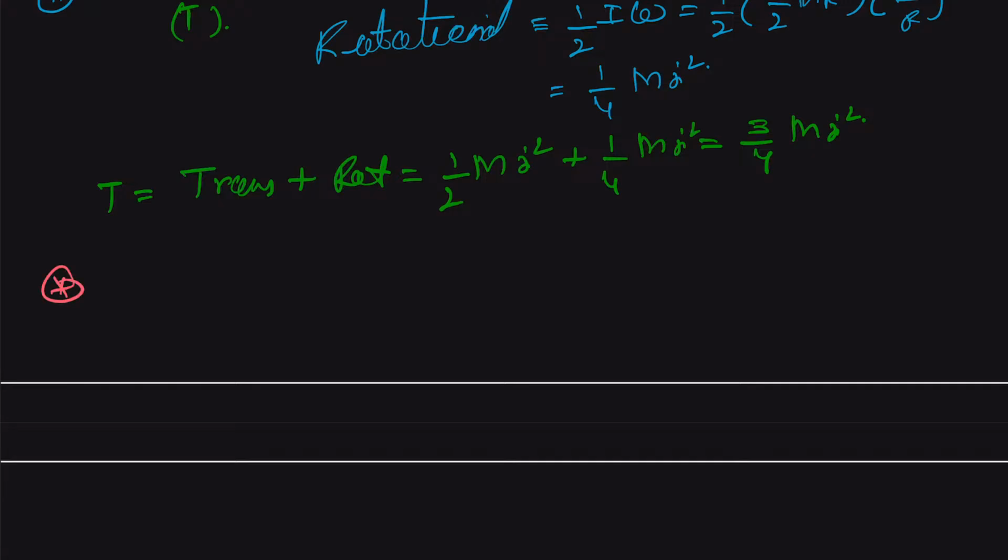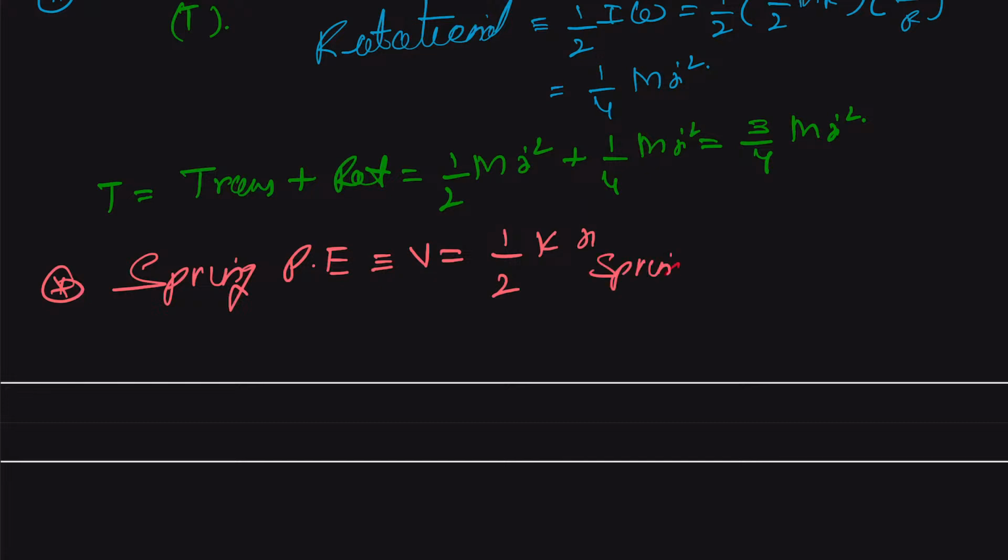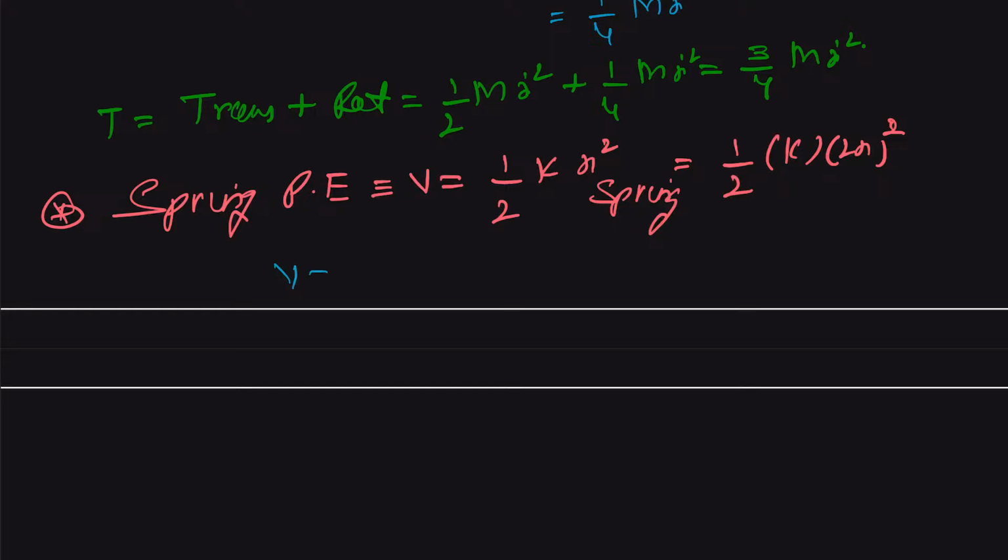So we can say spring potential energy, and let us suppose that is our V, so V is half k x spring squared, and our x spring is twice of x, so this comes as half k times 2x, and this is square, so this will be 4, and we get that our V will be equal to 2 k x square.